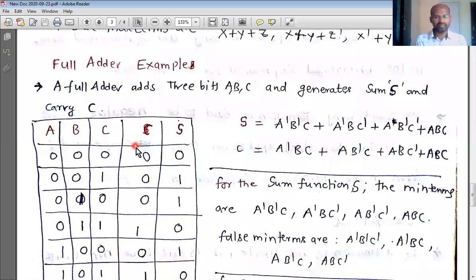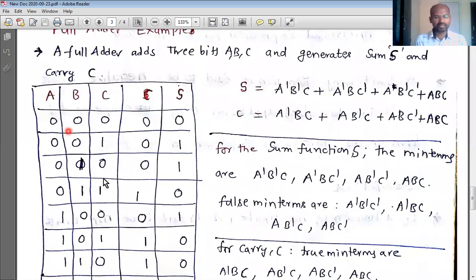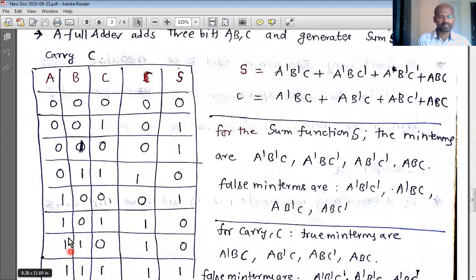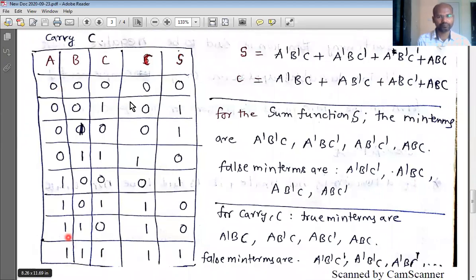First of all, you assume all the combinations and see the values for sum and carry. That means we have to get the truth table out of the given problem. That is the very first step. So write down A, B, C, which are the inputs, and all the possible combinations that these variables take on. This is the sum and this is the carry. If all the 3 bits are 0, what is the sum? 0.